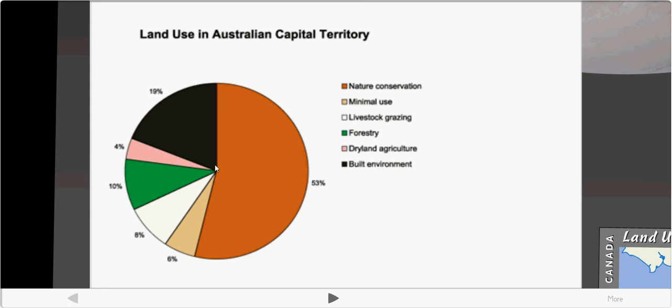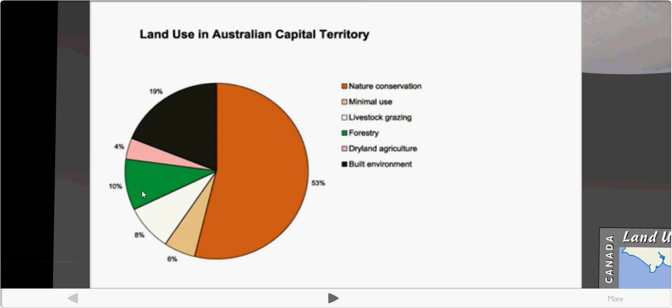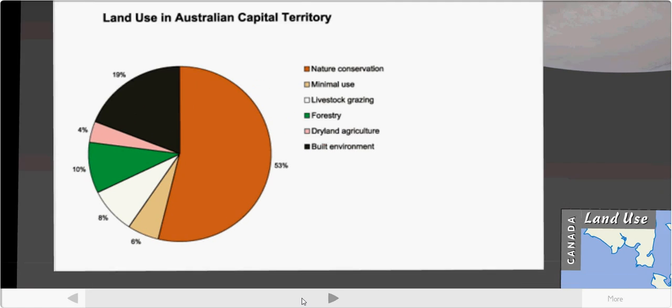And minimal use is other livestock raising, so farms and any kind of poultry, chickens, cows, pigs, you name it. And forestry, so wood resources and stuff like that, and dryland agriculture, as I said before, different agriculture. And built environment would be like cities and factories and stuff like that.